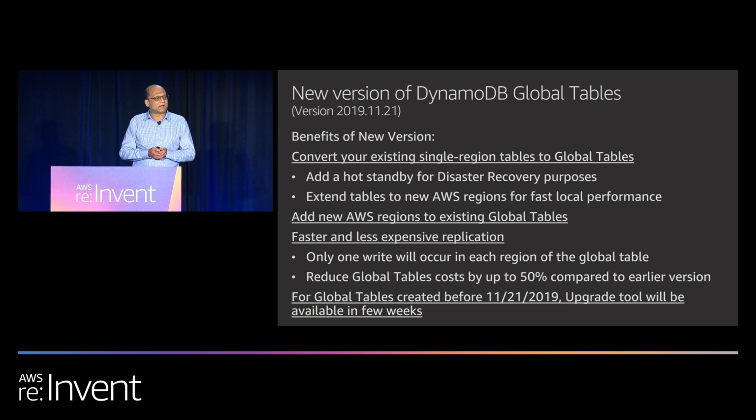These attributes were added to your schema for synchronization purposes. Now we natively manage the replication, so only one write happens in each region of your global table. As a result, you will see up to a 50% reduction in cost for your global tables as compared to the previous version.